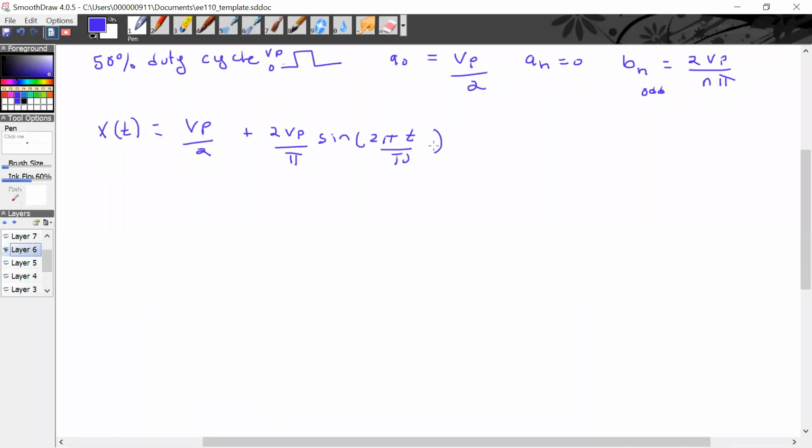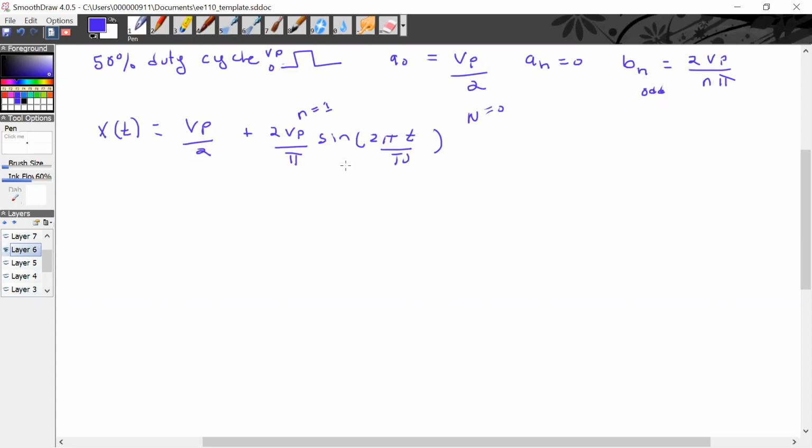All right. Then the next n, so this is n equals 2. B2 is 0.